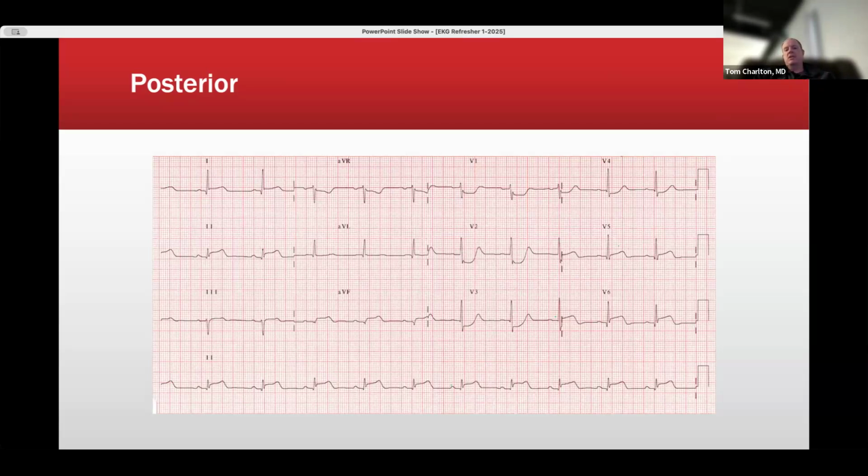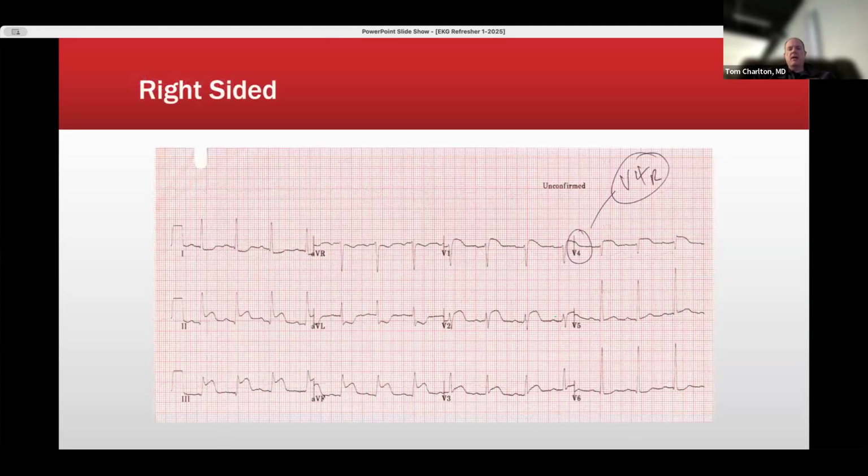Personally, this one is so clear-cut that this is a posterior STEMI that I wouldn't even necessarily bother getting the posterior EKG before activating. I would activate and then get the posterior EKG to confirm it. But you can see here, pretty massive ST depressions. So if we flip it, it will become ST elevations.